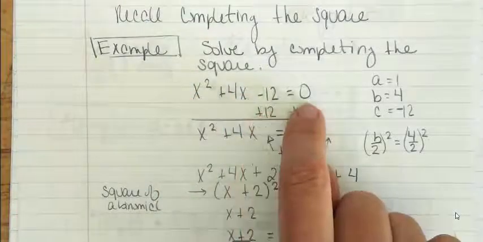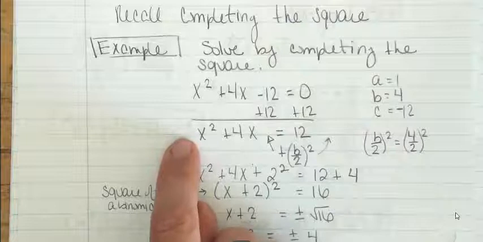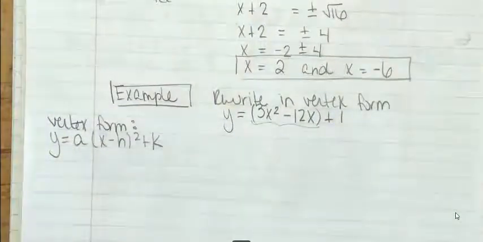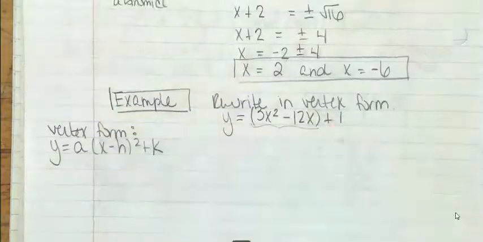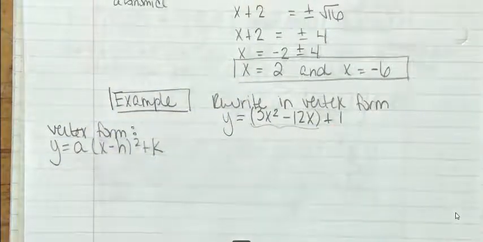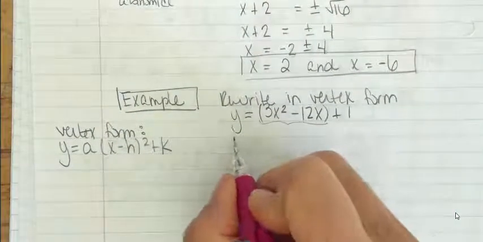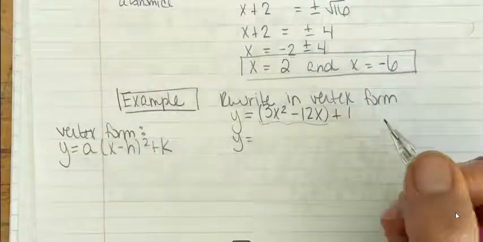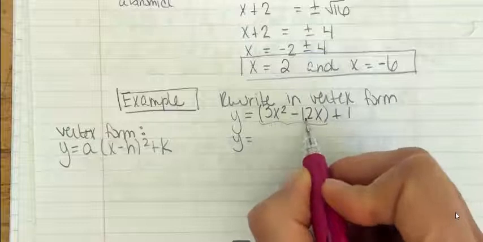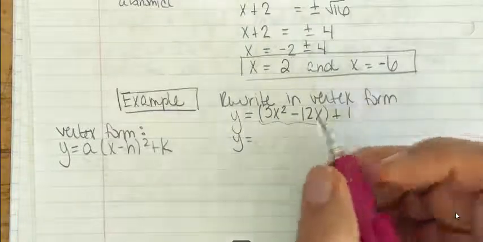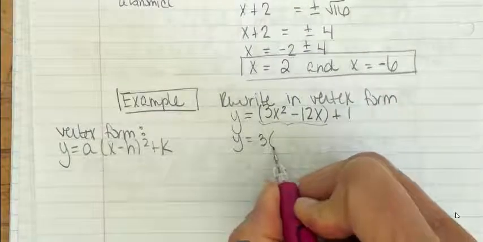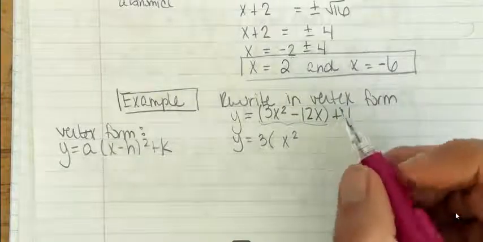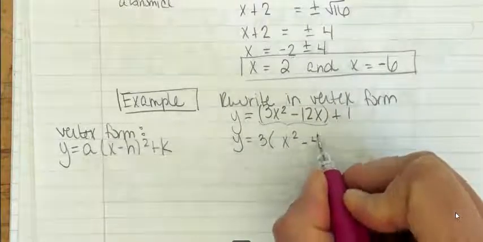But this isn't going to be so easy for us, because we've still got this 1 over here, and we don't want to work with all these crazy fractions. So instead, I just factor out the greatest common factor, which the x squared and x terms have a common factor of 3. So I'm factoring out a 3, and I'm going to be left with x squared minus 4x.